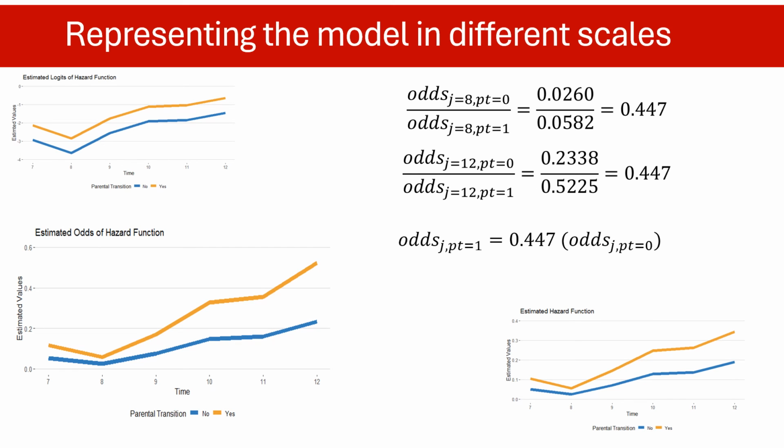So here I represented the estimates of the logit model in the top panel on the right. And these estimates are in the logit scale, and both logit functions for the baseline group who didn't experience parental transitions, and the other group who experienced parental transitions, have the same shape across time, and the distance between the two estimates is the same in every time period.